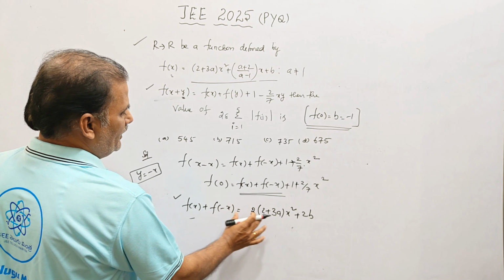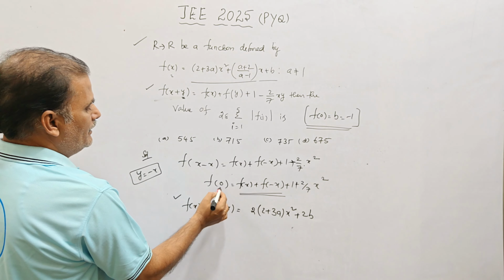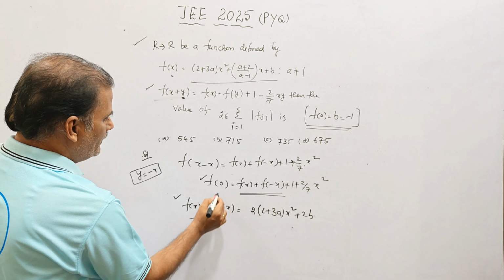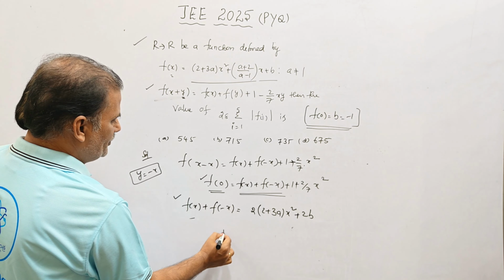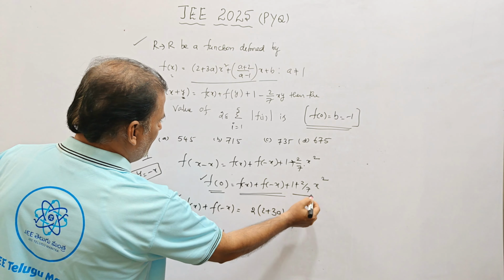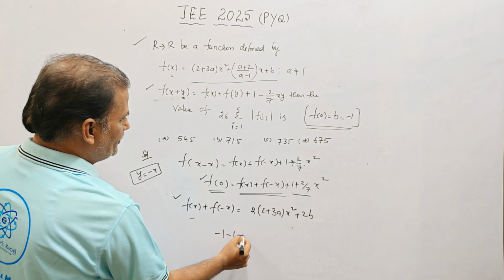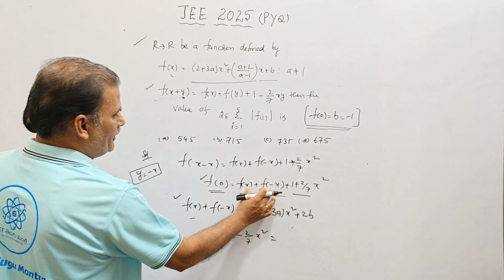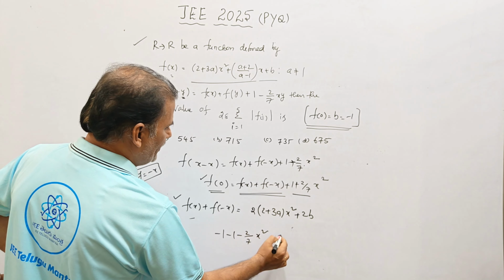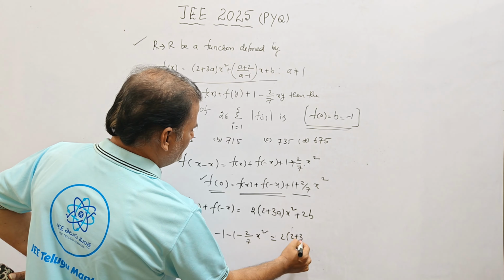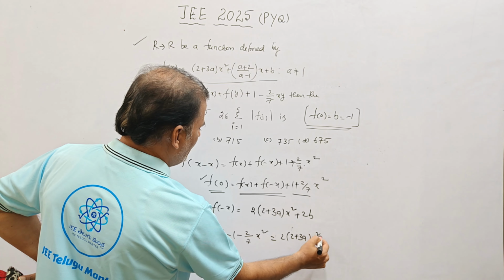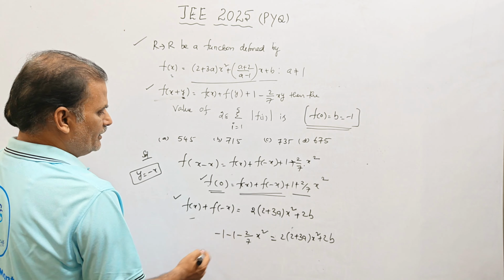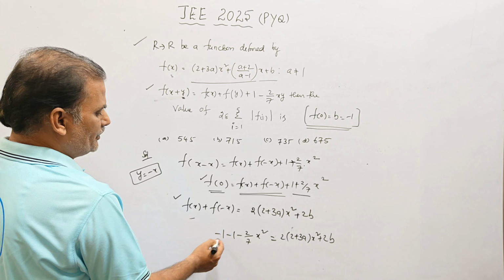Now we substitute f(x) plus f(minus x) here. Now f(0) is equal to minus 1. And taking these two terms to this side, minus 1 minus 2 by 7 x square is equal to 2 into 2 plus 3a into x square plus 2b, minus 1.